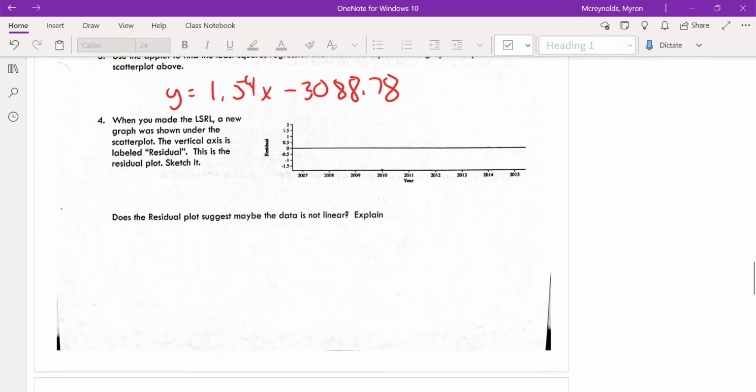So does the residual plot suggest maybe the data is not linear? Yes, it suggests it's curved. The residual plot has a U shape.